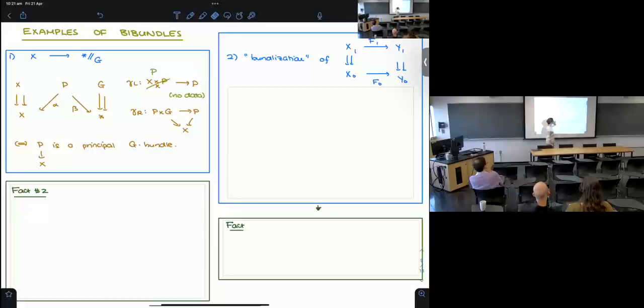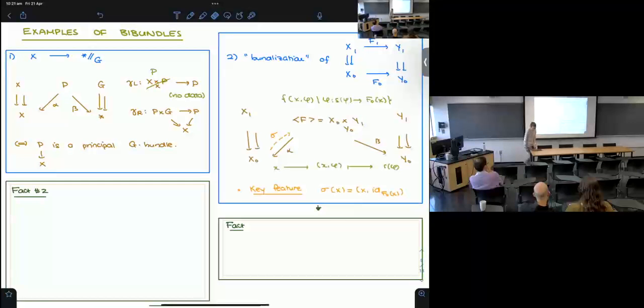Another thing I want to say quickly is that if this 2-category is really a localization of the one that we started with, smooth functors should give bibundles. So there's a construction that's called the bundleization. And what we do, we put pointy brackets around our functor F, and that means we're taking a fiber product here. It consists of points, objects X, morphisms in Y which go from something, the source, whatever, into the image of X under the functor.